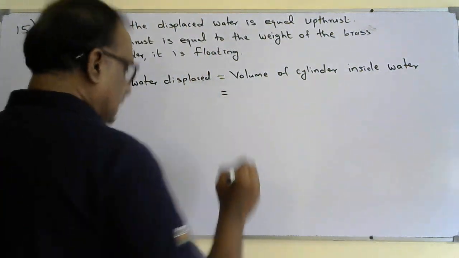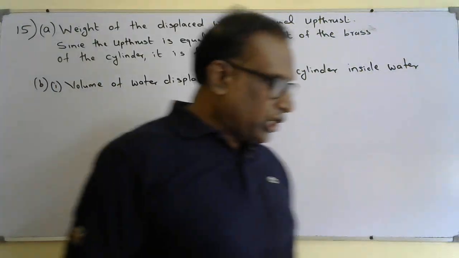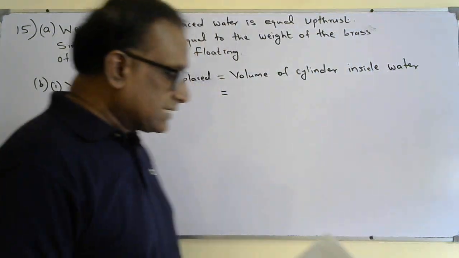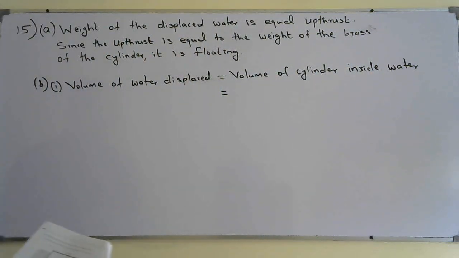So they are saying 63% of the volume of the cylinder is submerged, and we can find the volume of the cylinder. We know the length, we know the diameter, so we can find the area of cross section, pi r squared. Everything should be converted to meter.